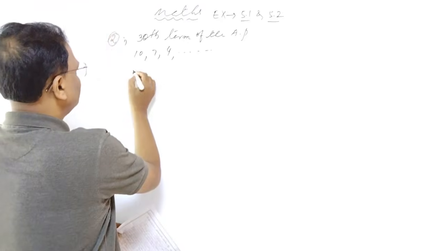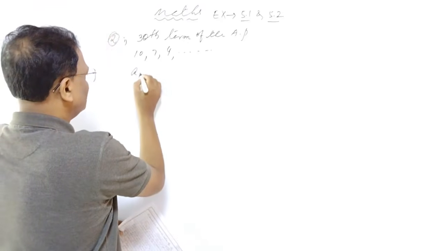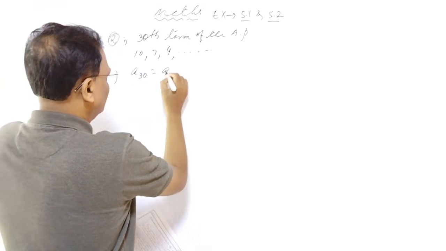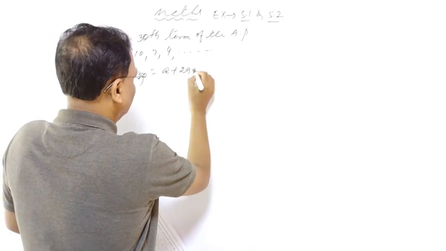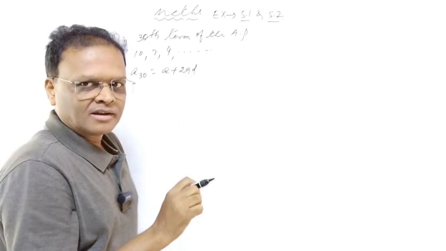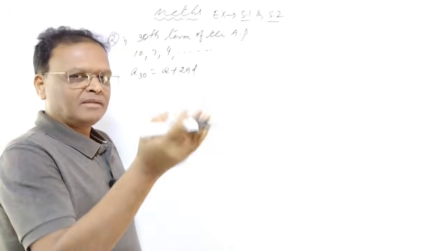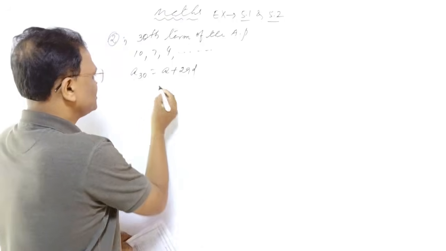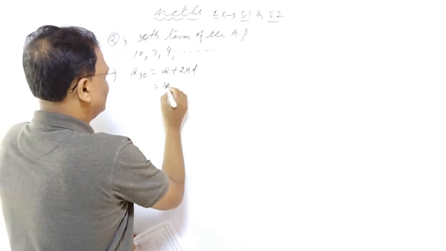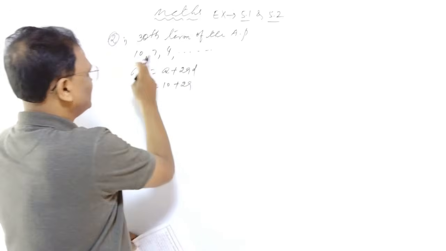Very simple. For the 30th term I can simply use the formula A_30 is equal to A plus 29D. Just remove 1: the 30th term is 30 minus 1. If it is the 10th term, 10 minus 1, that is 9D. A plus 29D. My A is 10 and 29. What is the common difference?